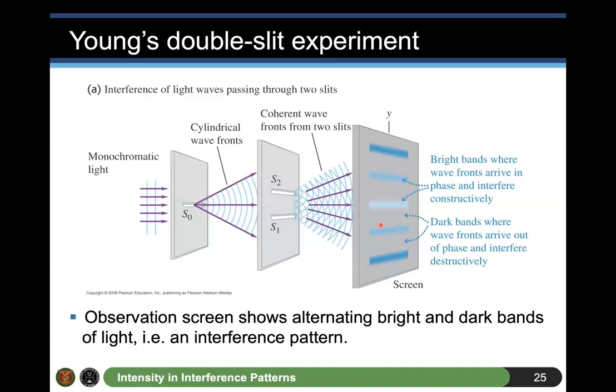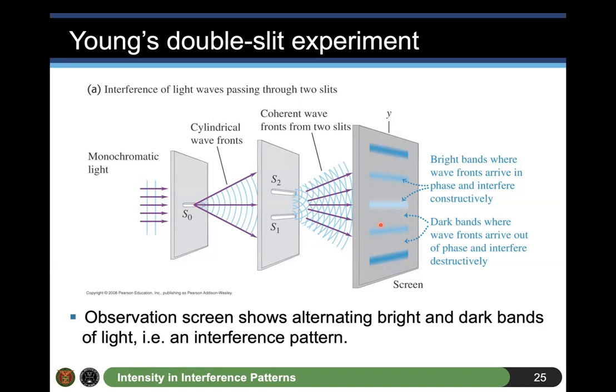Actually, this phenomenon is not only in the double slit experiment. We also see it during an eclipse. During an eclipse, it's like there is a slit, since the source of light, the sun or the moon, is partially covered. And we see alternating bright and dark bands.